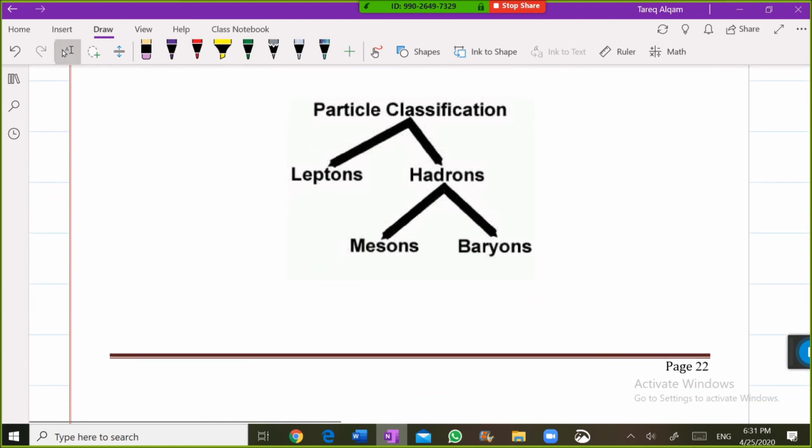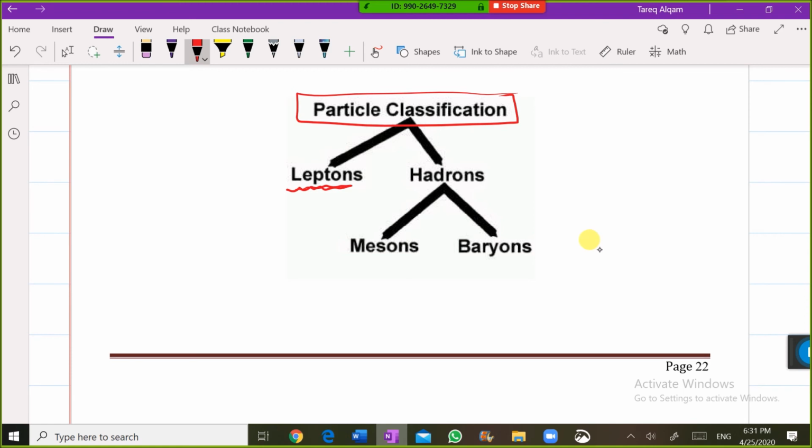So all the particles in the universe, especially tiny particles, are categorized to two main categories: leptons وhadrons. طبعا أنا بعرف إني عم بحكي أشياء كثير غريبة، بس anyway they are called like this: leptons وhadrons.